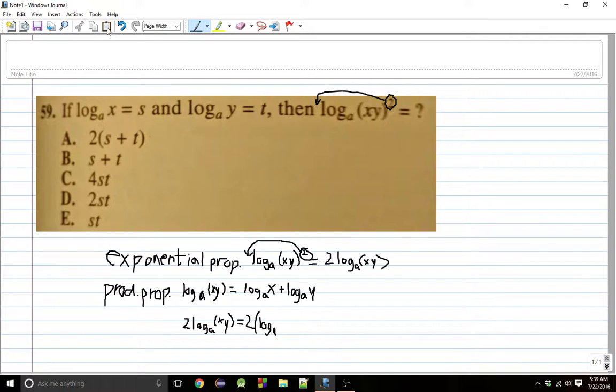If I could write better, that would be nice. I've got to get myself a handwriting tablet.